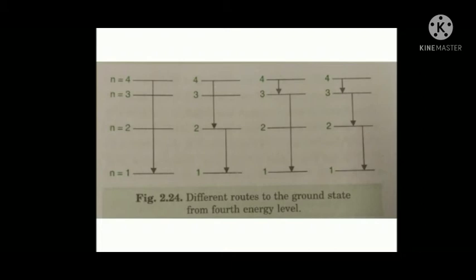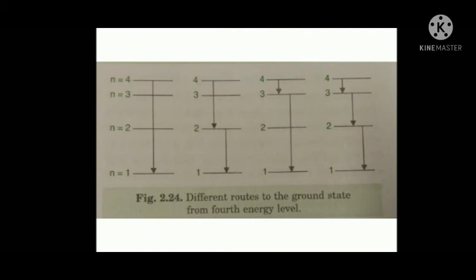Then what is the fourth possibility? The electron first jumps from the fourth energy level to the third energy level, then to the second energy level, then to the first energy level. So according to that we will get different lines.